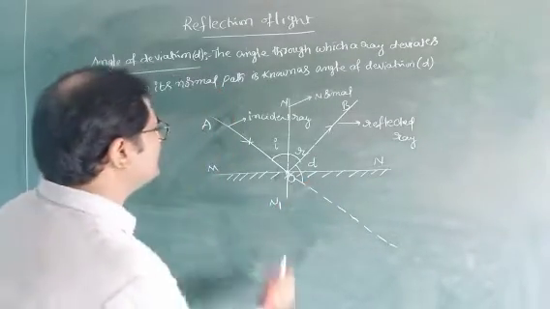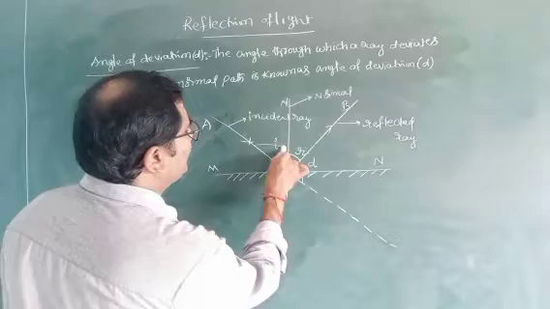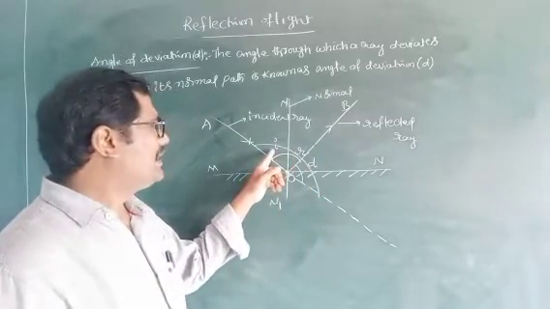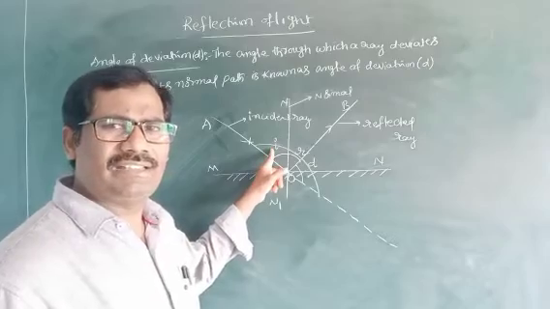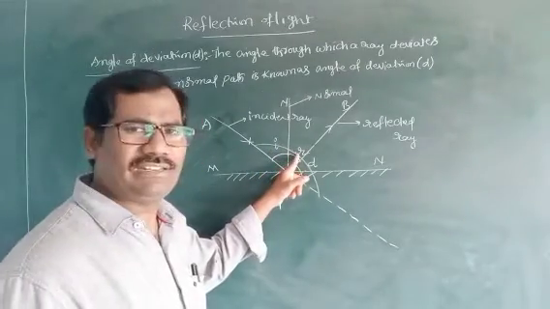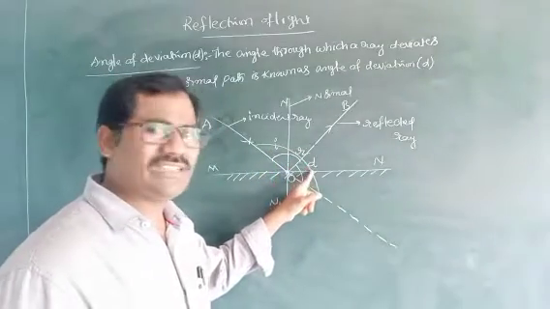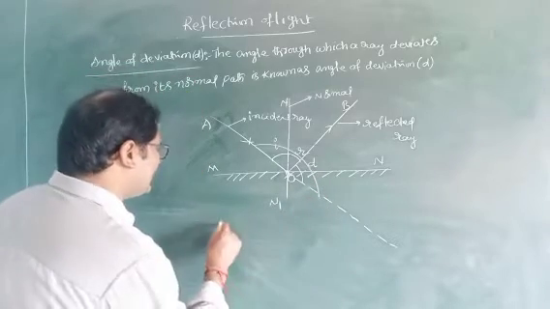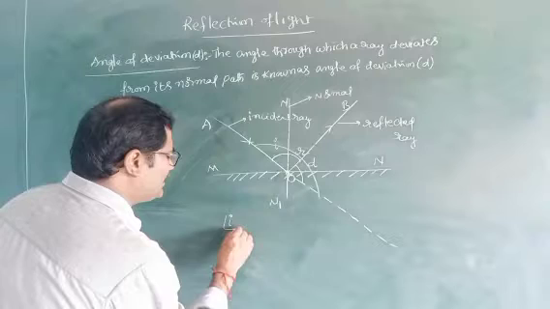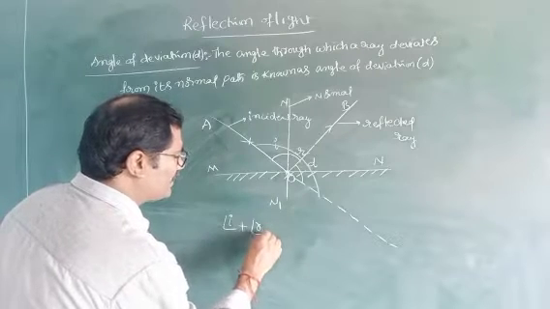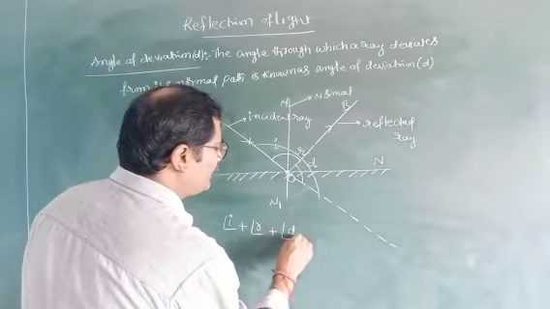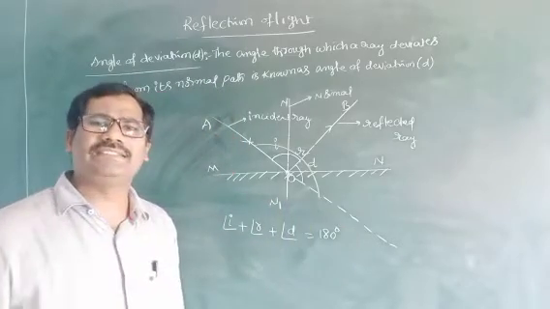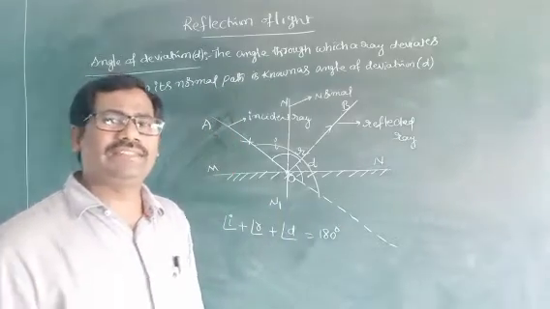It is a straight line. The sum of the angle of incidence, the angle of reflection, and the angle of deviation is equal to 180 degrees.